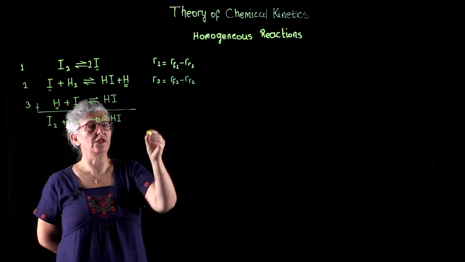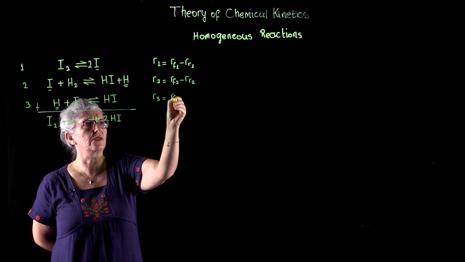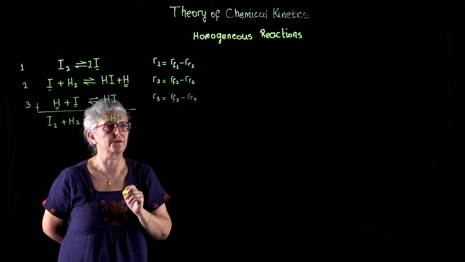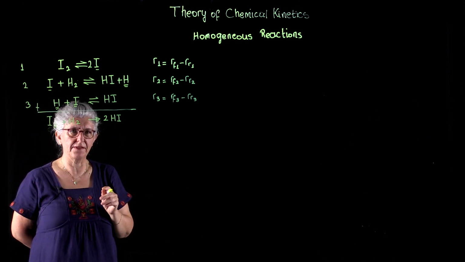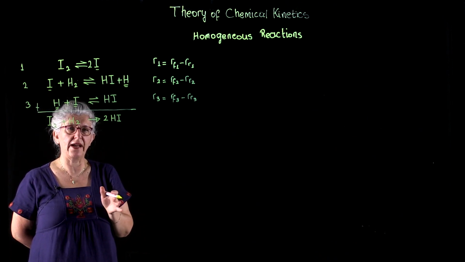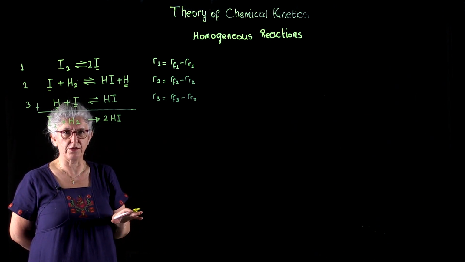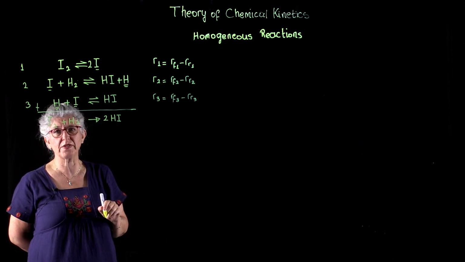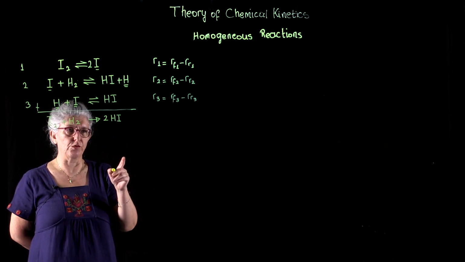And the third reaction will be rate forward 3 minus rate reverse 3. So this is the first rule that we have, that all the reactions have their reverse components. Whether those reverse components are as large as the forward components determines whether the reaction is at equilibrium or not.